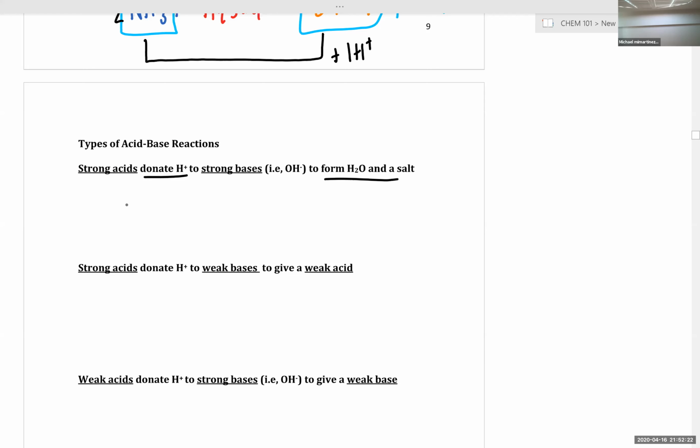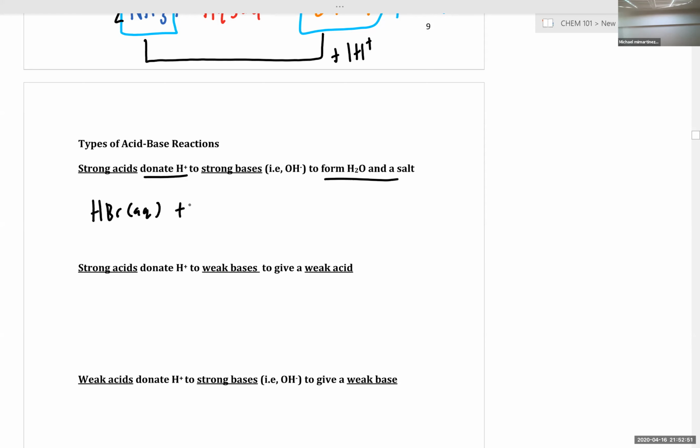Let's have the class help me make these examples. Let's get used to memorizing our list of strong acids. Not a strong base. Let's start with a strong acid. HBr, sure. Hydrobromic acid, sure.